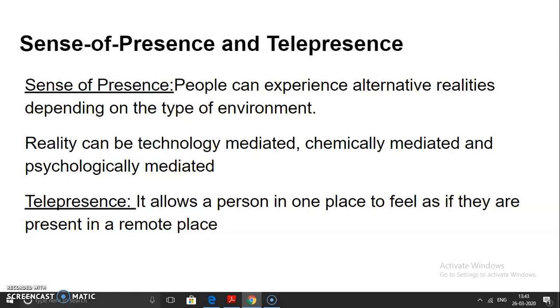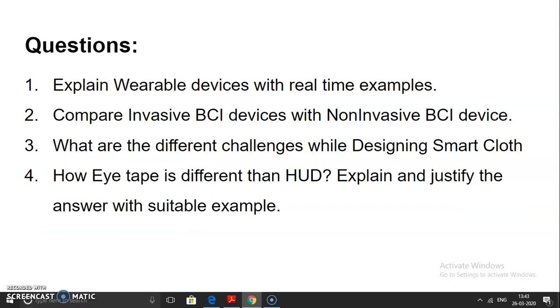Telepresence is again the same kind of technique, in which a set of devices will be there, and people will feel that they are at a remote place. Augmented reality and virtual reality are the domains where these kinds of devices are useful. So this is the end of today's topic, wearable and implanted devices.